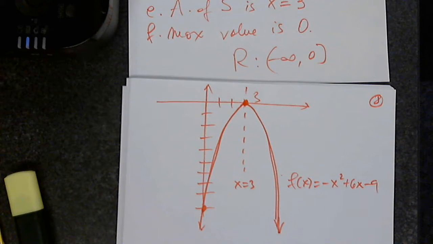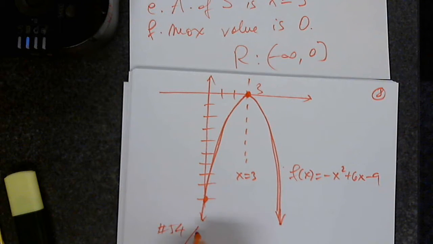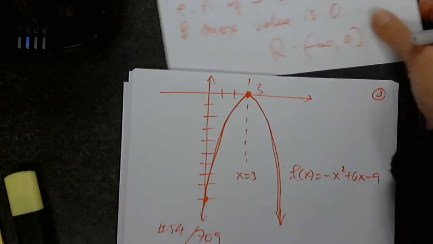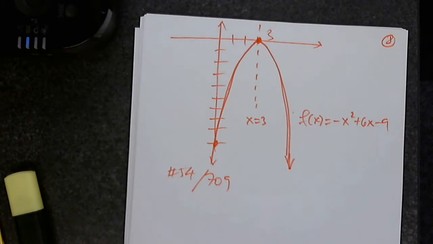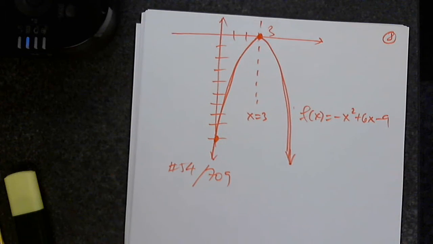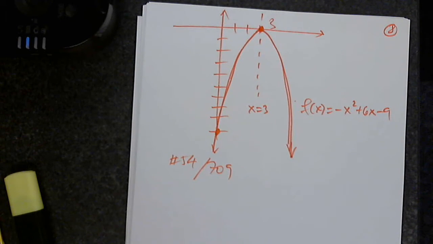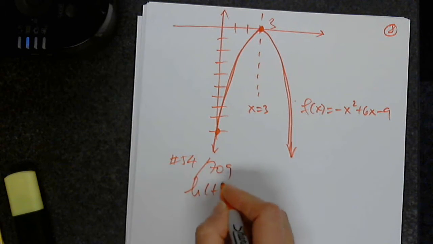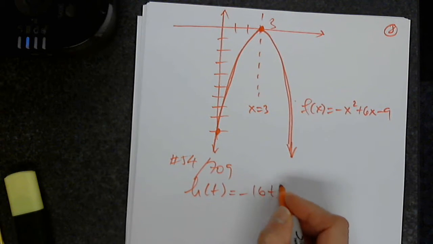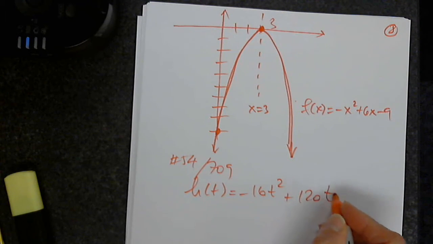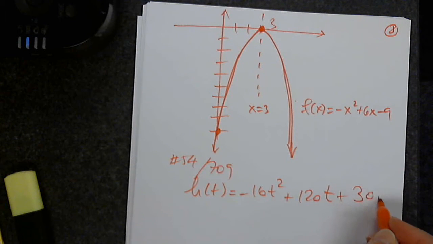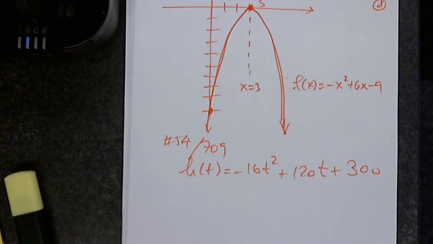Let's look at a word problem, number 54 on page 709. And then we can go back to chapter 10. The function h of t equals negative 16t squared plus 120t plus 300 gives the height in feet of a projectile fired from the top of a building.